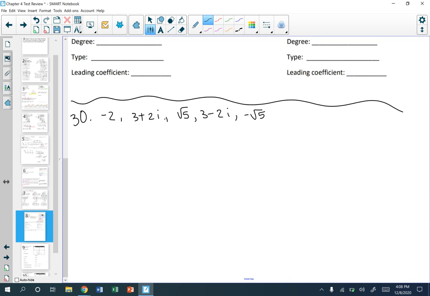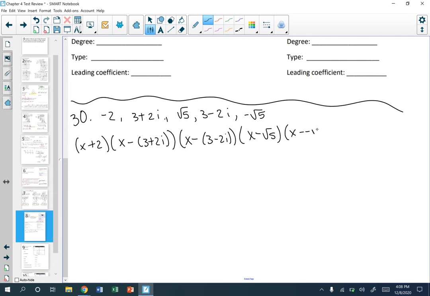Okay. I'm going to write all these as factors. So I have x plus 2, x minus 3 plus 2i, x minus 3 minus 2i, x minus the square root of 5, and x, it would be minus the square root of 5. So I'm just going to write that as plus.